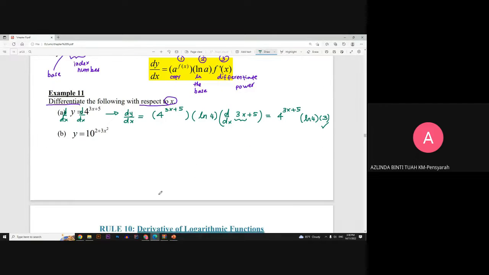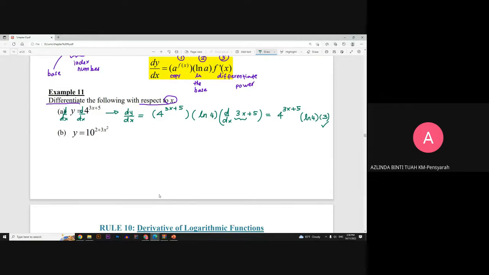Next example. Okay, differentiate y for the left hand side and differentiate 10 to the power of 2 plus 3x squared for the right hand side. Since there is no x variable on the left, just copy back everything from the left.